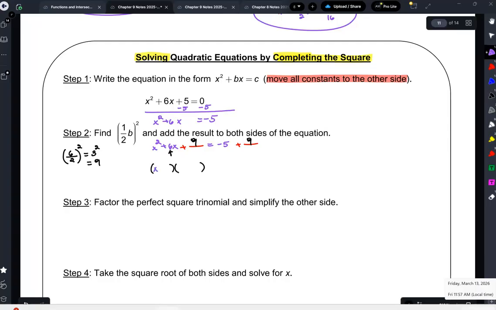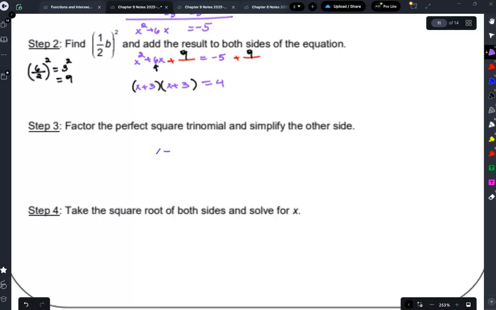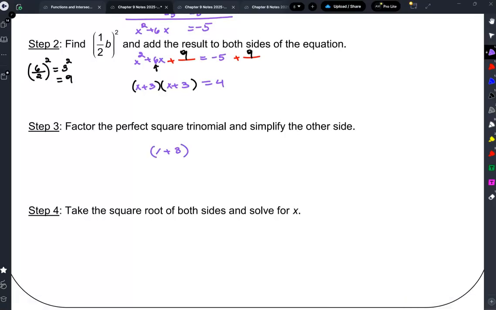So I'm going to get x plus 3, what two numbers multiply to 9 and add to 6? Plus 3 is equal to 4, because negative 5 plus 9 is 4. Okay, now look at what I have. This is really x plus 3 squared is equal to 4.